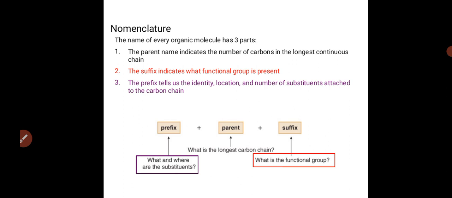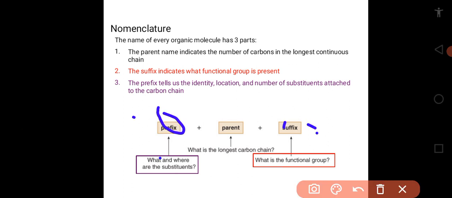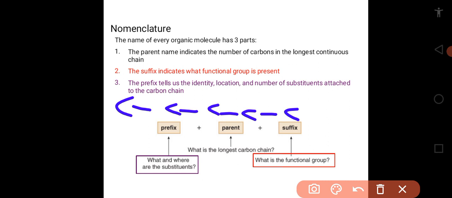I think we did this, so let me just give some demonstration here. If we have something like this, 1, 2, 3, 4, 5, 6, or I can have something like this. You can count the number of carbons. Remember that I told you previously that bending doesn't matter.